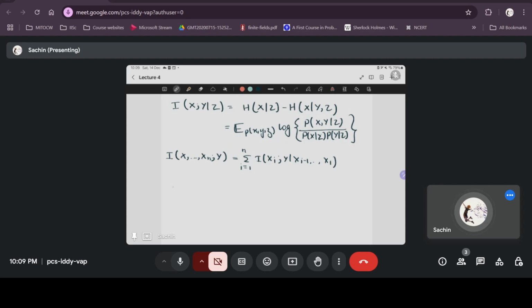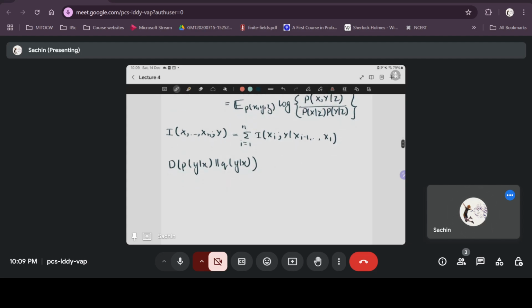Then we saw the formula for the conditional relative entropy D of p of y given x parallel q of y given x. This is the relative entropy of the conditional PMFs averaged over all values of x.